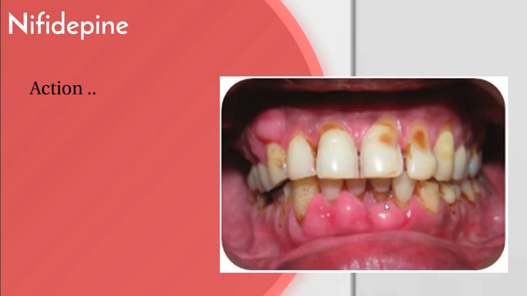Here the clinical diagnosis, including enlargement of the gingiva with a history of drug use, will diagnose the condition. So the history is very important. It takes a key role in diagnosing the case.